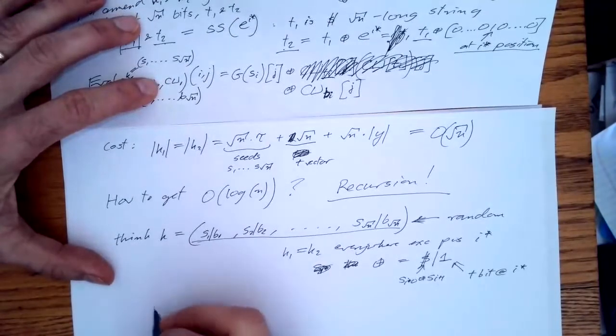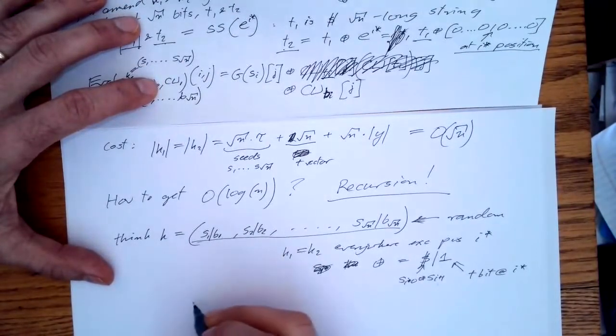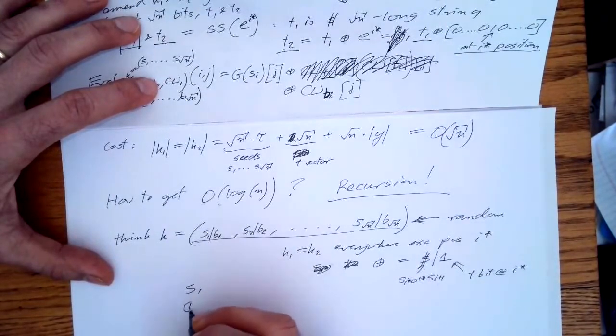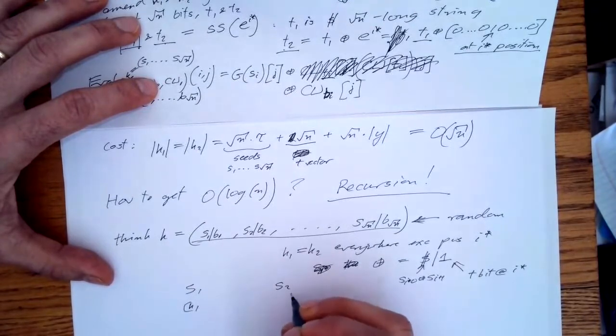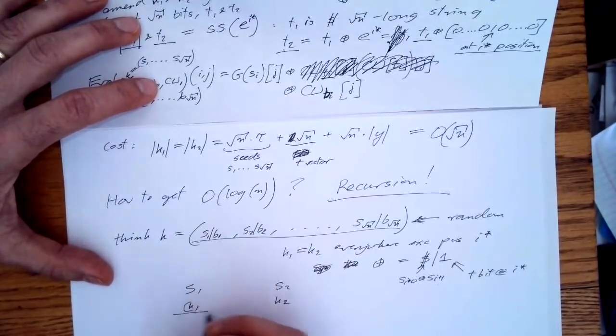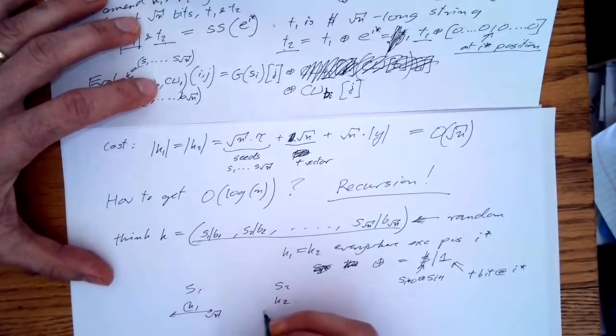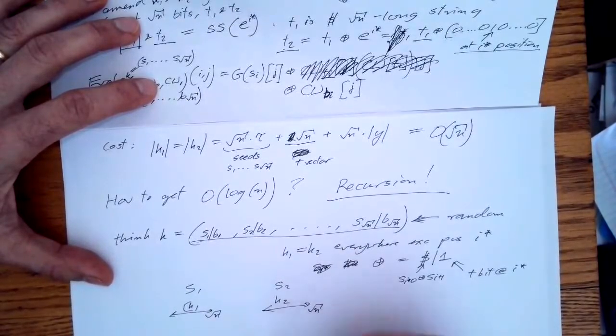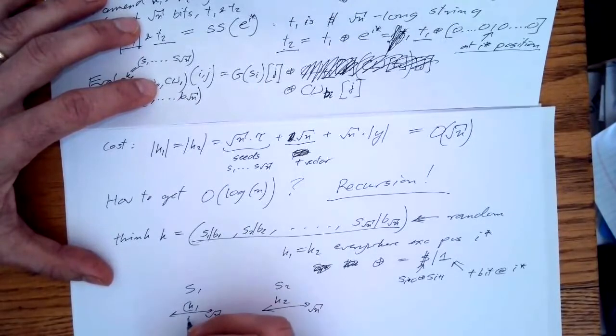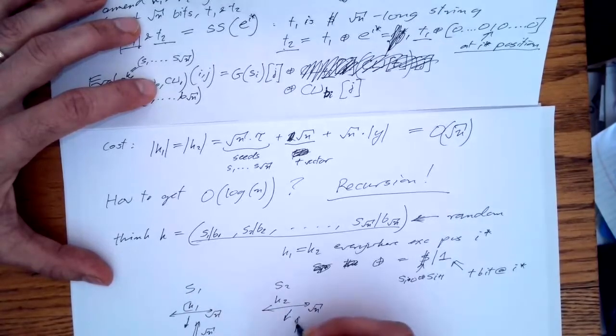So in the basic construction, I gave you these two players, S1 with key K1 and S2 with key K2, which were square root of n long, and they allowed me to evaluate the DPF function on a square root n long column dimension.